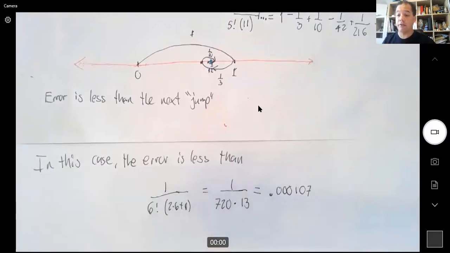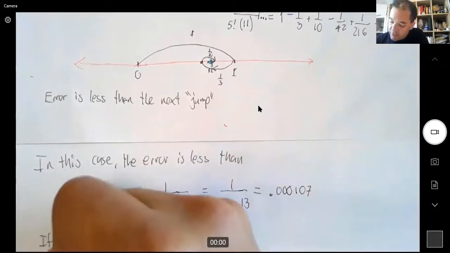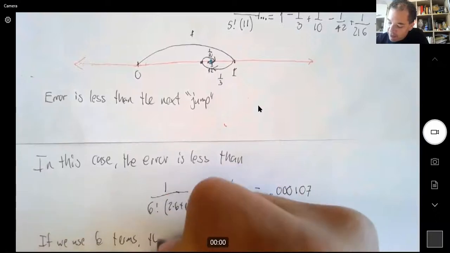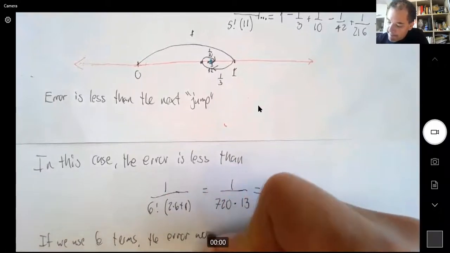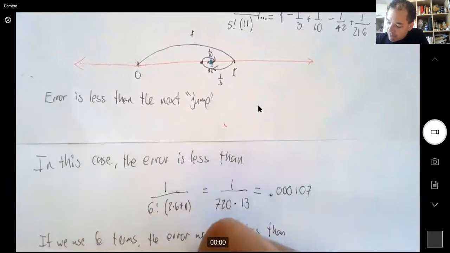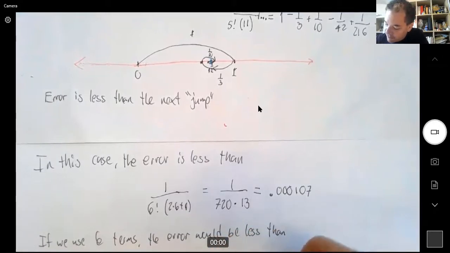I do another term. And if we use more terms, so if we use 6 terms, the error would be less than, well, the next term, which is 1 over 7 factorial times 7 plus 1. And this is now 1/5040 times 15.